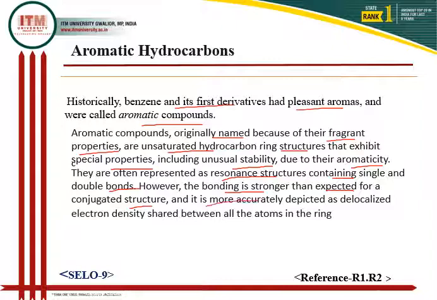It is more accurately described as a delocalized electron density, which is shared between all the atoms in the ring. And this is the important characteristic of the aromatic hydrocarbon, which makes it special among the hydrocarbons in the crude oil.